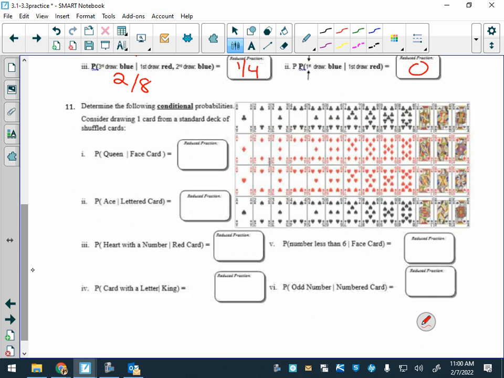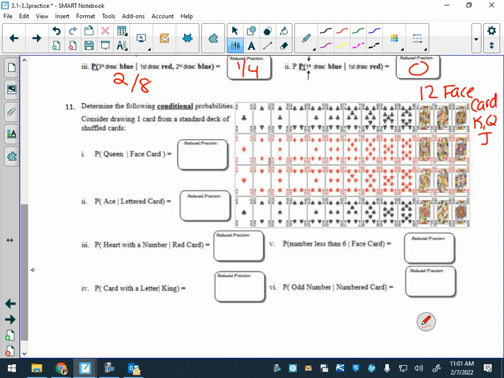There are 12 face cards, which consist of king, queen, and jack. There are 4 suits, spades, clubs, diamonds, and hearts. There are 13 cards in each suit. Some basic facts of cards.